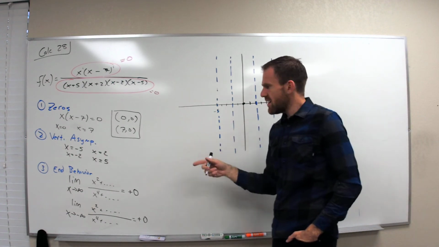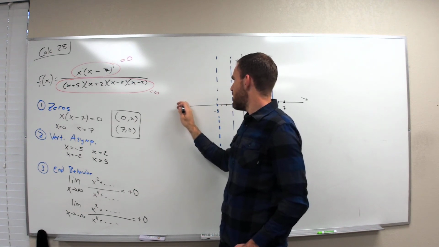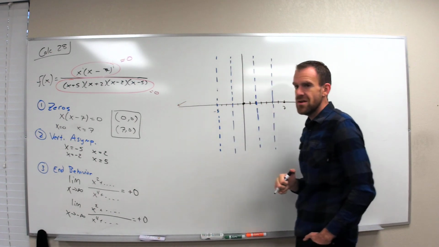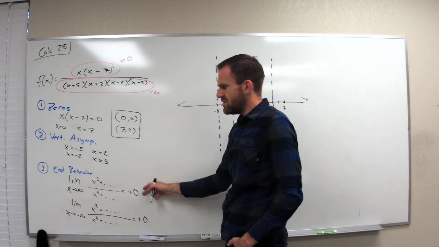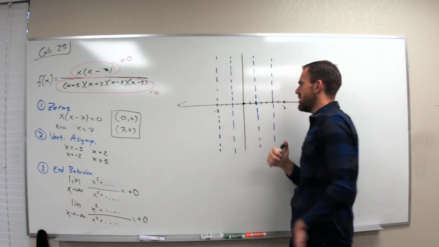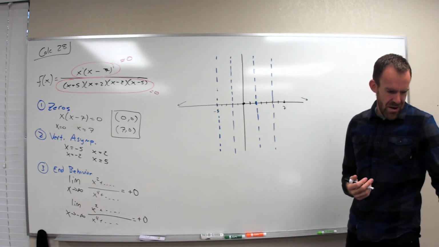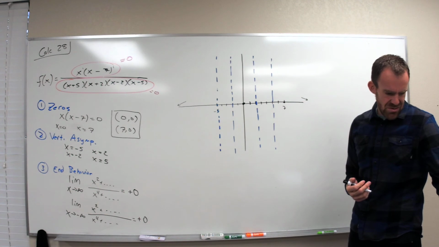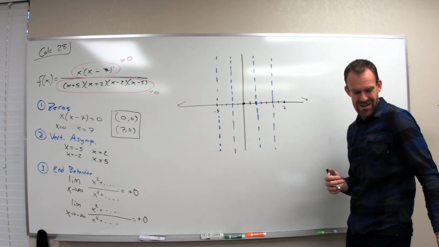On the negative side, it's going to approach 0 from the top as I get closer and closer to 0. Why? Because I got positive zeros here for both ends. Now, let's see if this actually works with the function. I think we're going to see some issues, or I copied the problem wrong. So, let's find out. This is the scariest part.